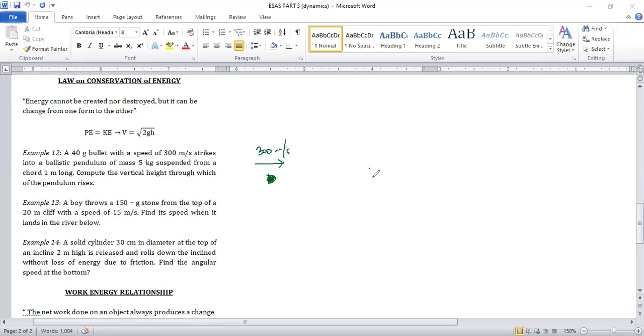It hits the pendulum, which is hung using a 1 meter cord. The pendulum was hit such that the bullet was embedded in the pendulum like this one. Of course the pendulum rises to a given height, assuming that's h.